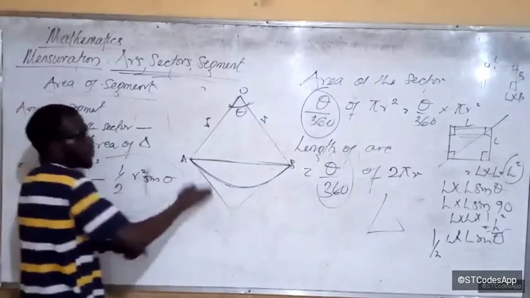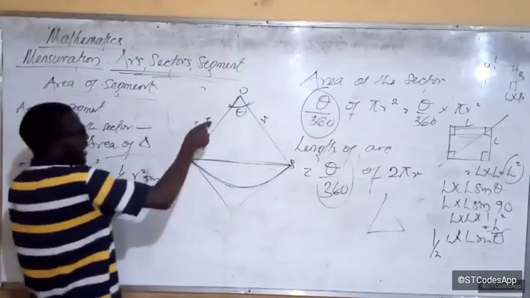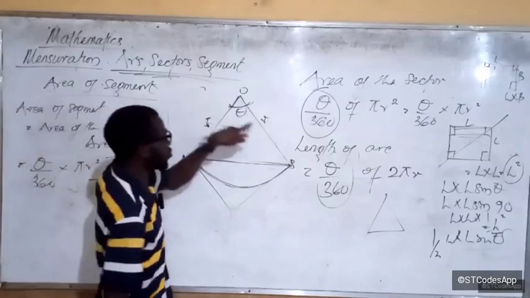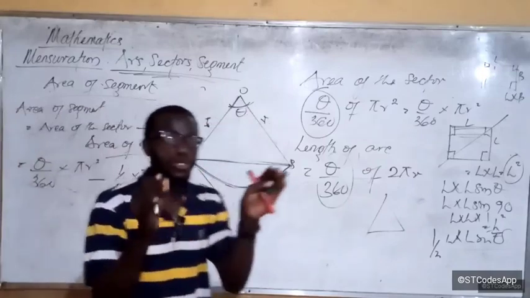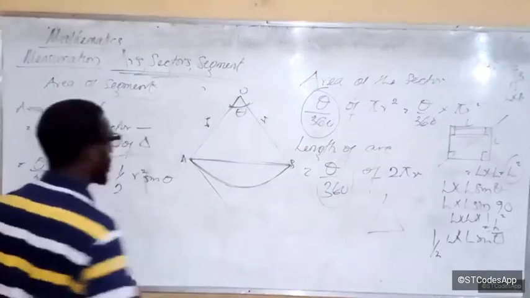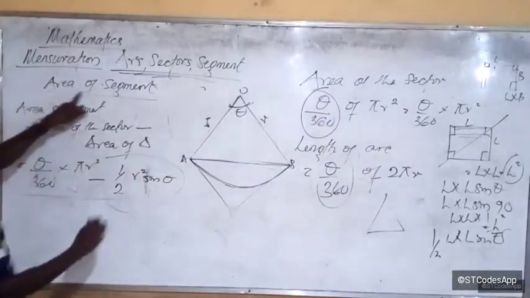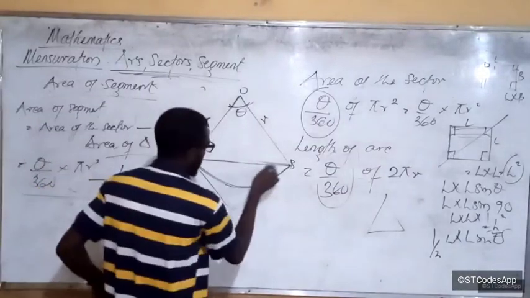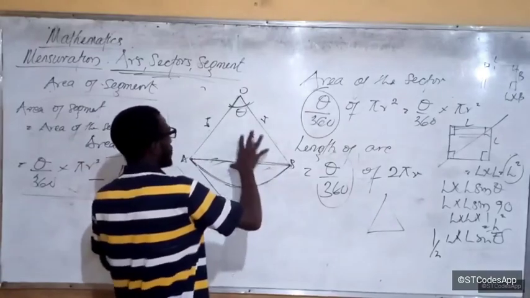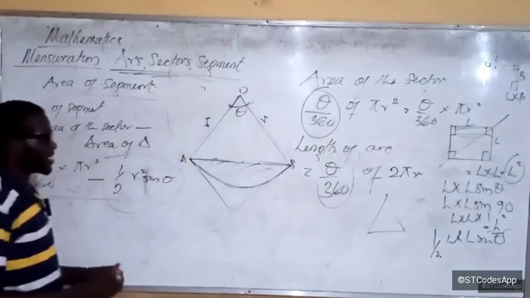It is just half of that complete shape, which is length times length sine of the angle at which those lines are meeting. Is that okay? So that is where that formula comes from. And this formula is going to be the formula for the area of this segment here. We basically subtract this triangle from the entire sector, and we'll get the area of the segment.